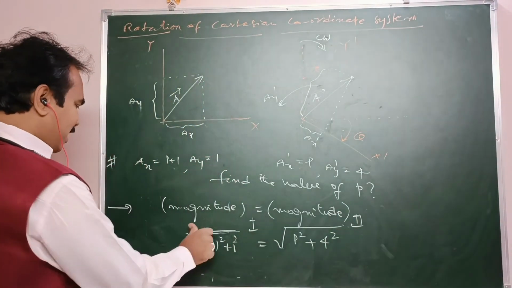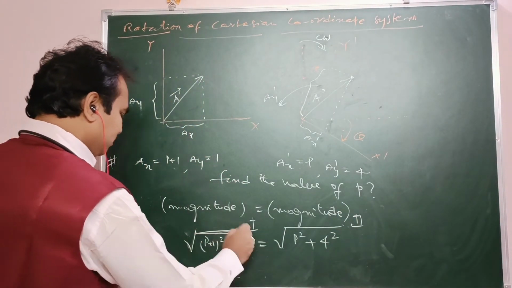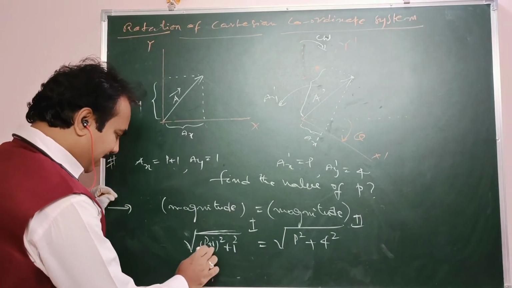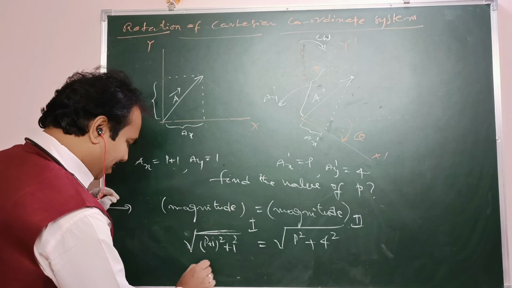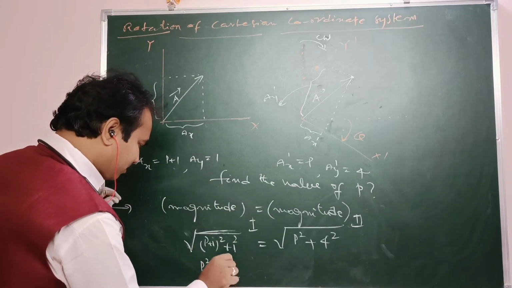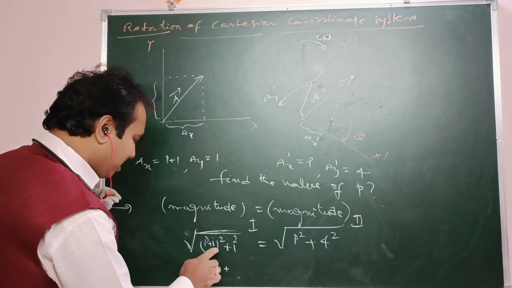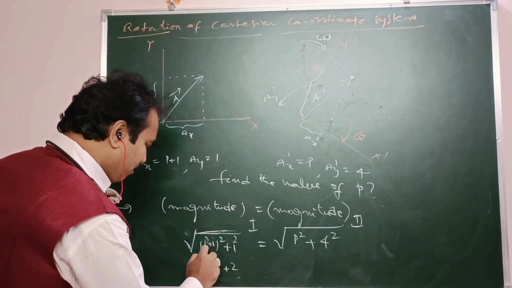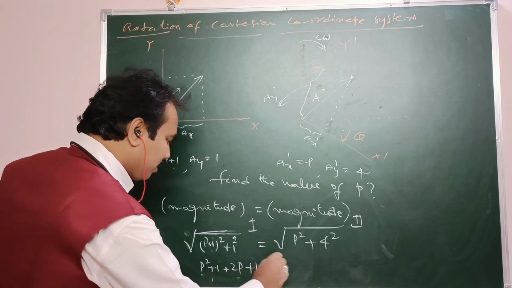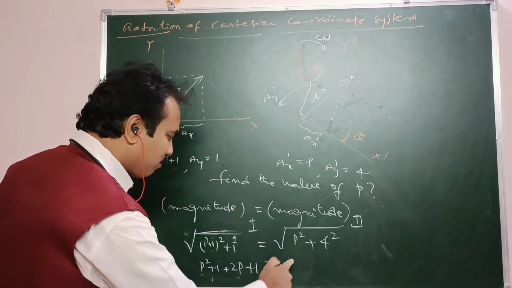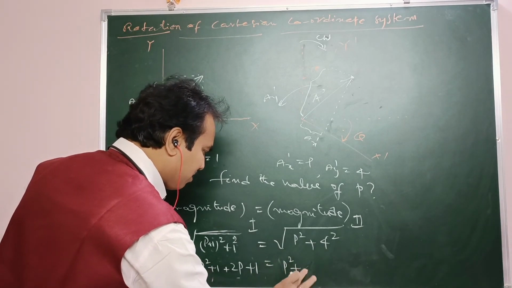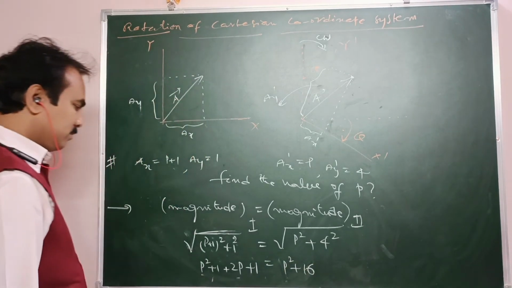On squaring both sides, square root will be gone. That is (a plus b) whole square means a square plus b square, b square means 1 square, that is 1, plus 2ab, that is 2 into p into 1, that is 2p, plus 1 square means again 1, equal to, root gone, that is p square plus 4 square means 16, right?